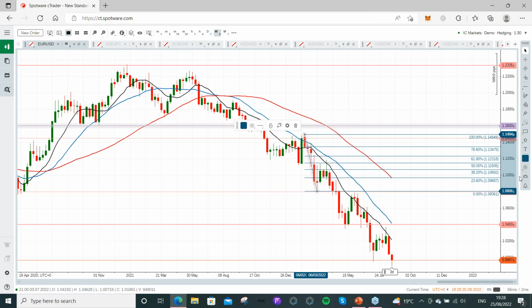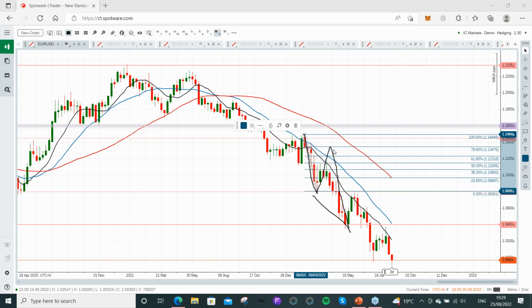It can often mean that if price were to have retraced all the way up to the 78.6% level, the probability of a continuation of that trend, i.e. price coming all the way down and forming a new lower low, is less.